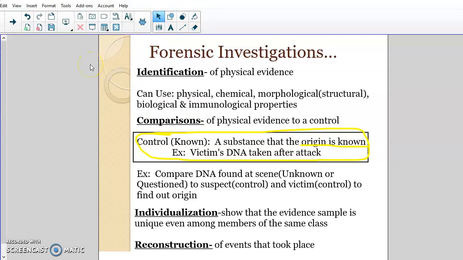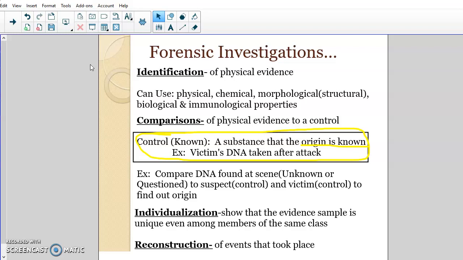So for example, say that they find a cup left over at a crime scene and they swab it for DNA. They take it back to the lab. They identify that there is a DNA profile on the swab. Well, that doesn't do us any good unless we have a DNA profile to compare it from. So maybe we take the victim's DNA that was at the crime scene and we run their DNA profile against the one we found to see if there's a match, right?